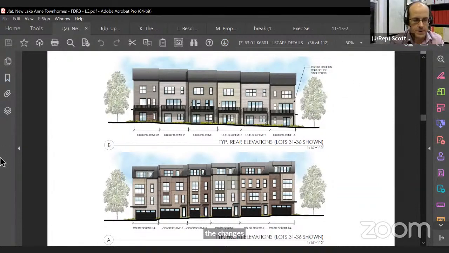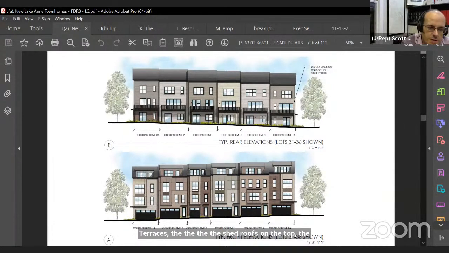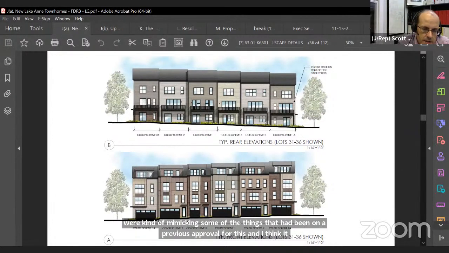There were a number of comments last time related to the rooftop terraces, the shed roofs on the top, the bays, and the arrangement of the windows, and we took a kind of collective approach. Previous to that, we were mimicking some of the things that had been on a previous approval for this, and I think it was leading to a bit of a chaotic version.